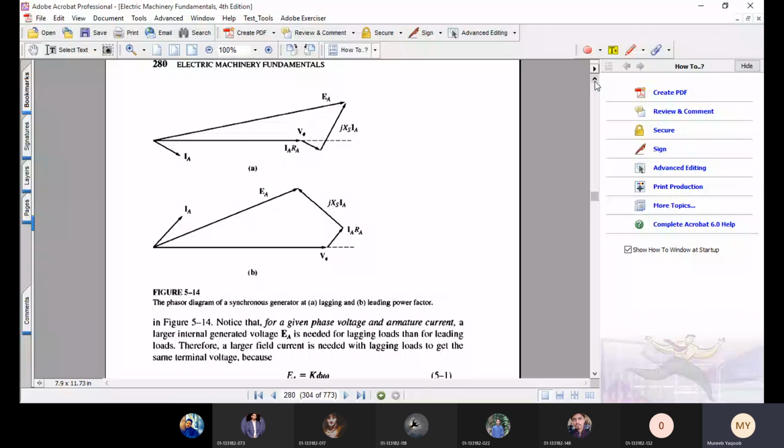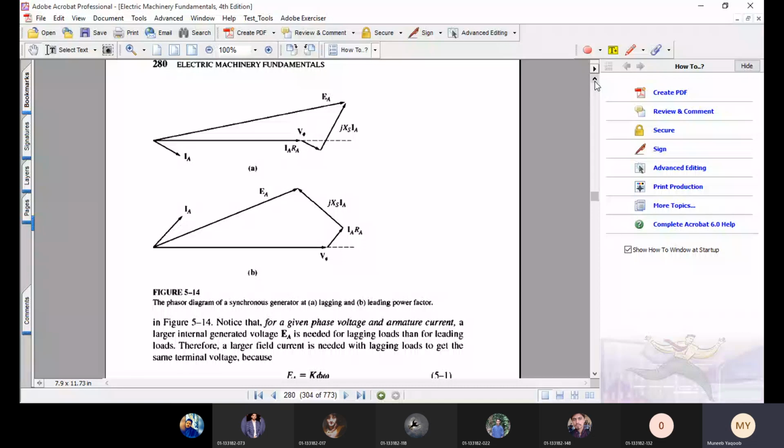This confirms that the generator is being loaded with a lagging, inductive load. Due to this inductive load, the load current lags behind the voltage applied at the load. As we all know, in an ideal inductor, the voltage leads the current by 90 degrees. Similarly, since an inductive load is connected, the load current lags behind the load voltage V phi.